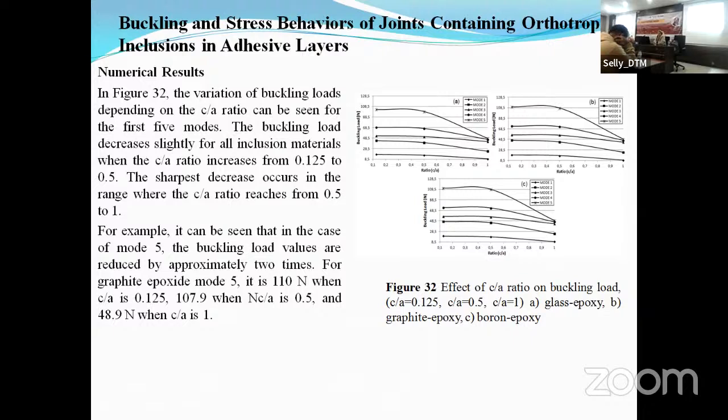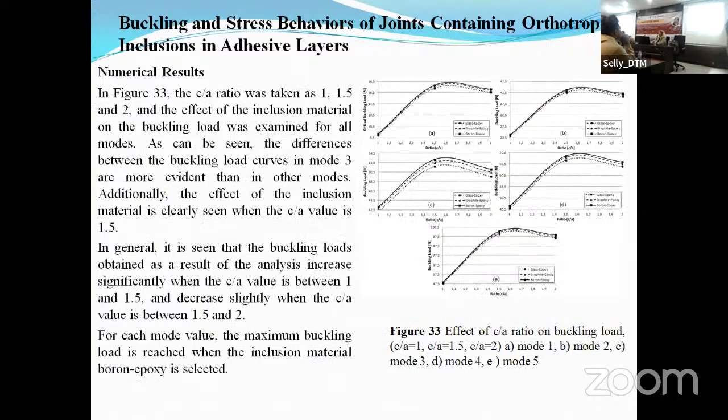We can get another mode, mode 2, mode 3, mode 4, because we want to learn the deflection of the other modes, not just the critical one. So we take 5 modes into consideration in that analysis. So it depends on the mode.